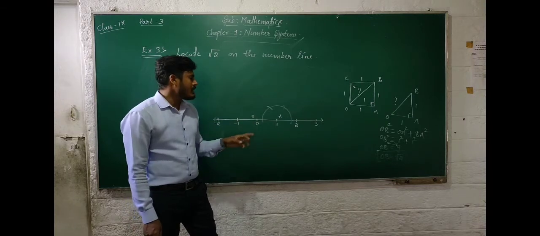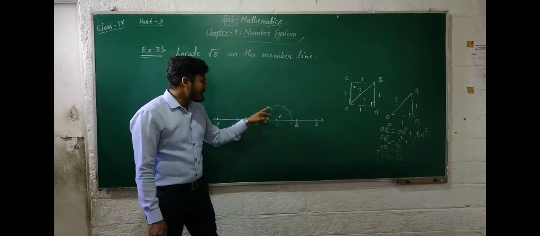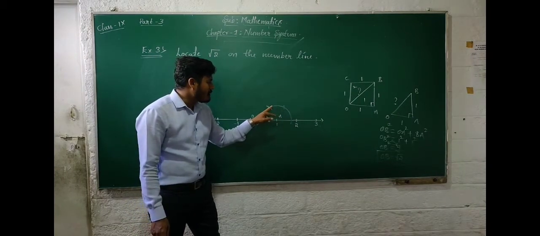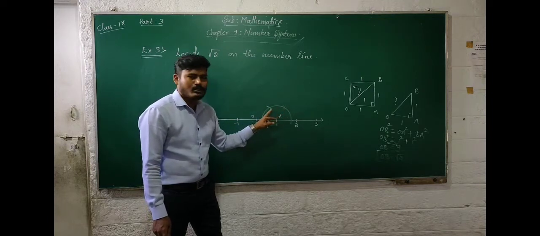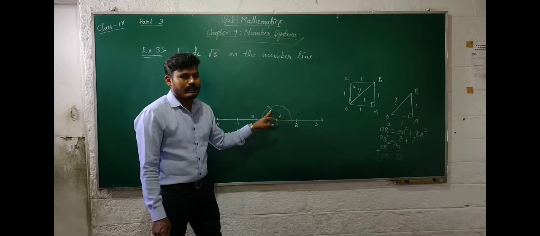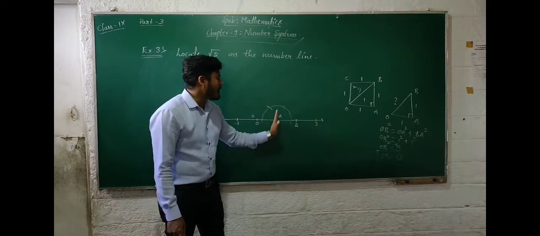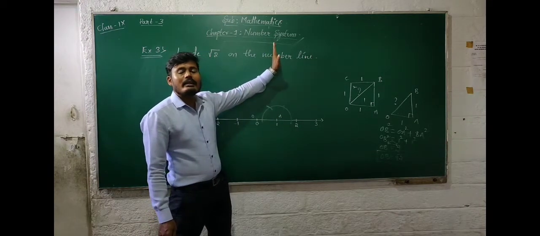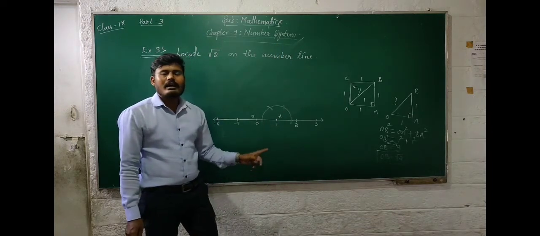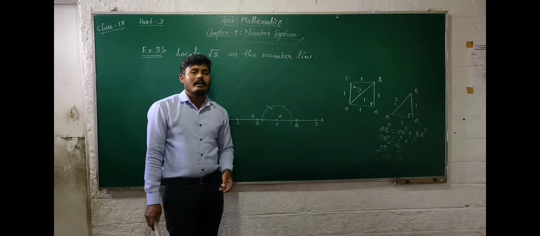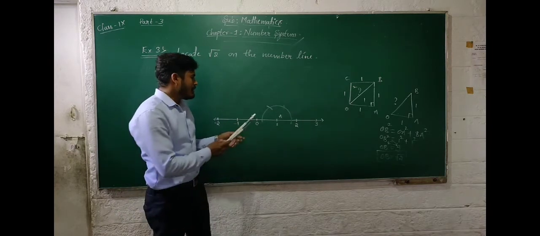You already know this from the construction section. Then here 60 plus 30. So where is 30 here? In between, at the exact midpoint of these 2 points, which measures 30 degrees. Join that point and 1, and you will get the perpendicular on the number line, which forms a right angle.